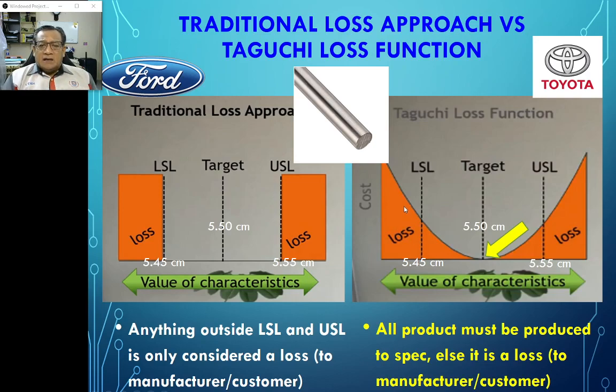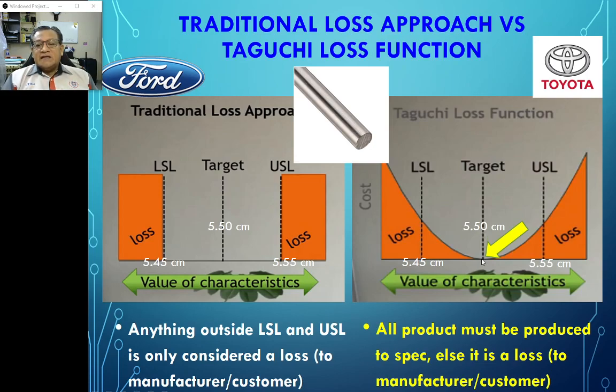That's why Dr. Taguchi shifted from this diagram to this diagram, in which he introduced a quadratic curve, with the central nominal value right at the center. He believed that all iron rods produced by your company must meet this target specification of 5.50 cm.